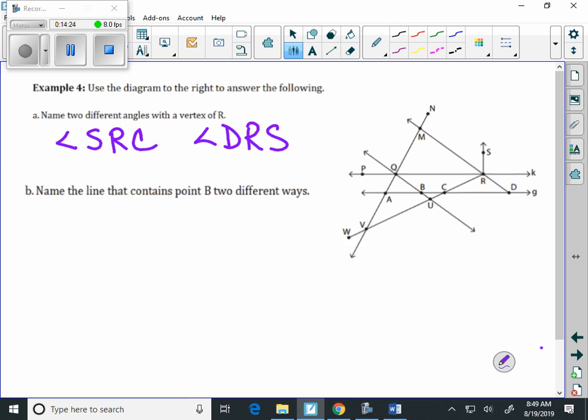There's other ones. We could do SRM. We could do SRQ. There's lots of options on this one if you didn't happen to write down the same thing as me.